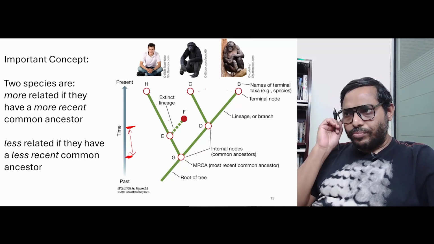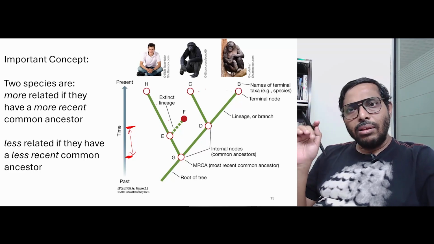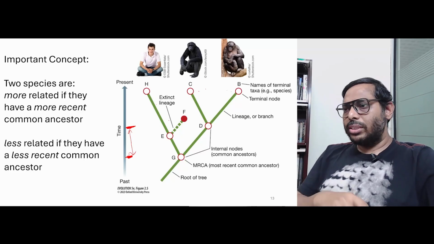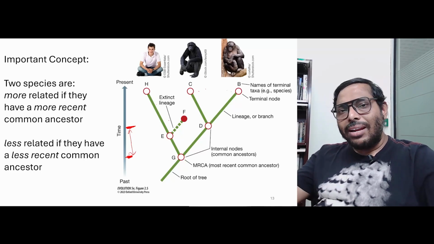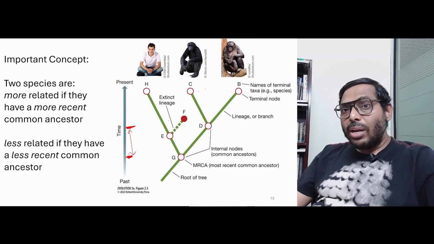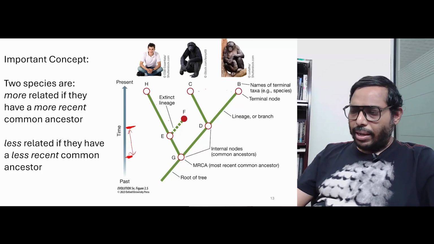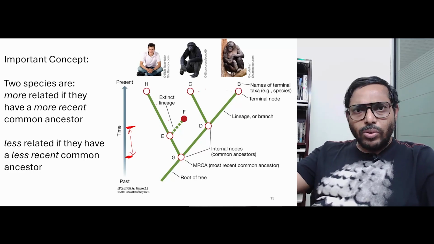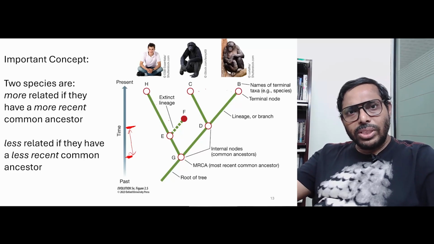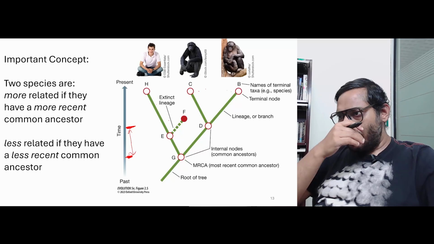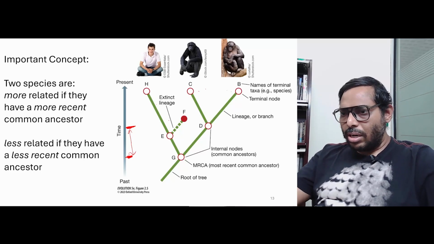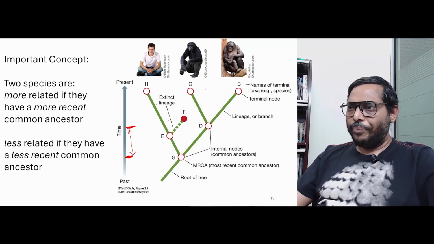So, now given these terminologies, the question is how exactly does one get these kinds of trees, particularly from sequence data. Once you understand how it happens from sequence data, you will realize that how it comes from morphological data is also very similar, but let me give you an example using sequence data.